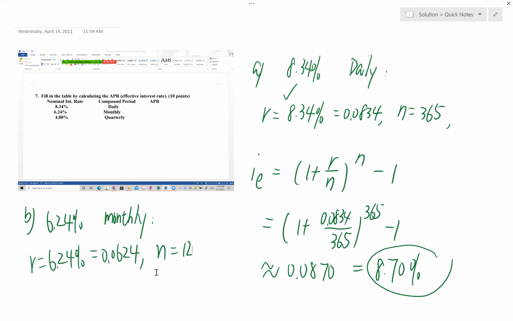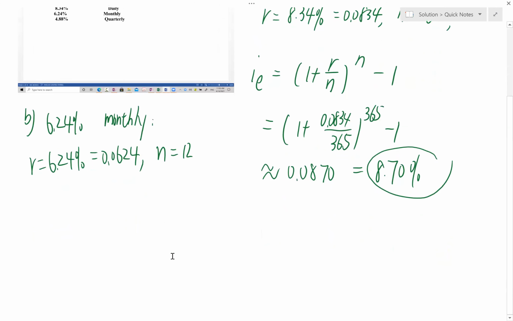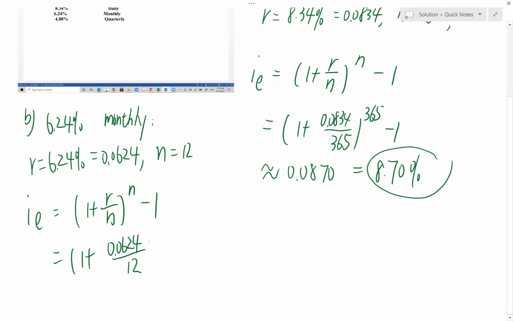And that's all we need. And we just directly apply this formula. Effective interest rate I_E equals 1 plus R over N, to the nth power, minus 1. And this should be 1 plus 0.0624 over 12, raised to the 12th power, minus 1.